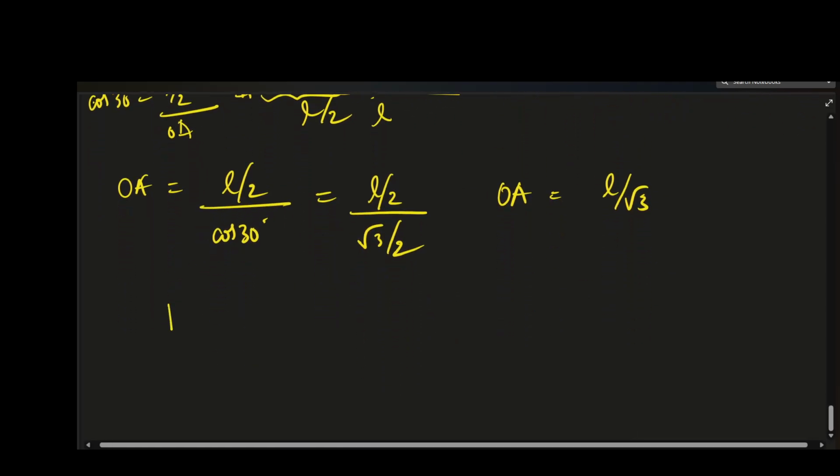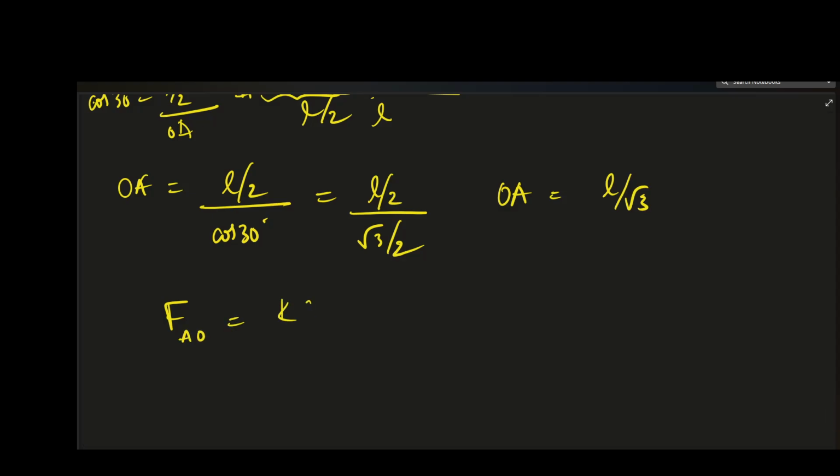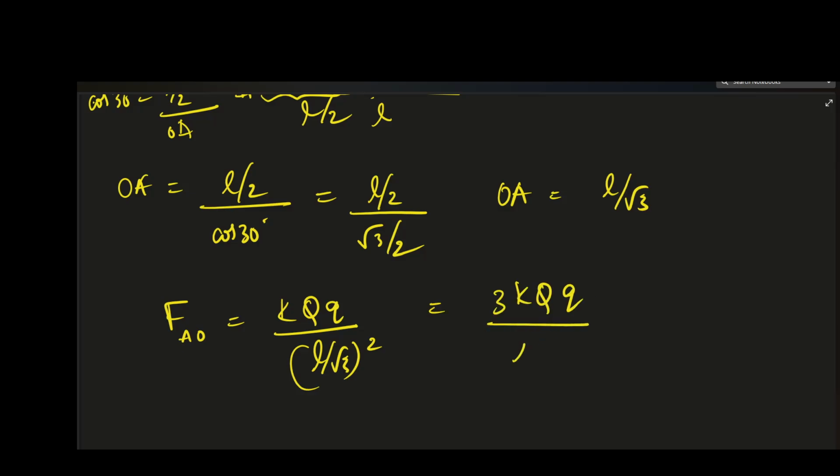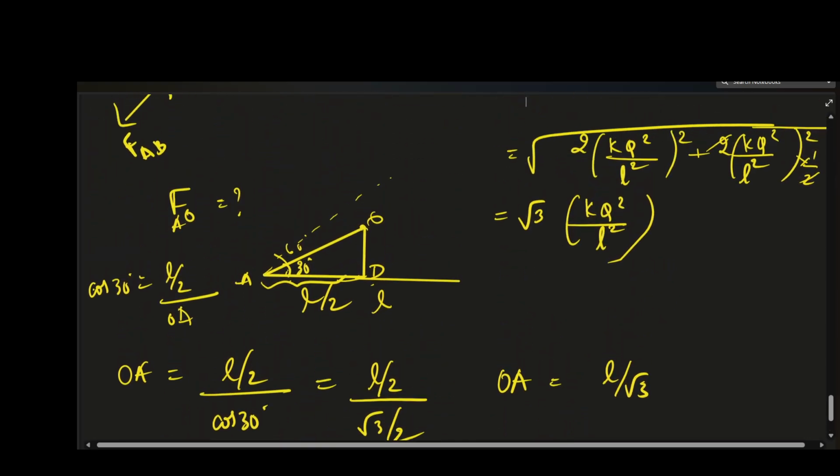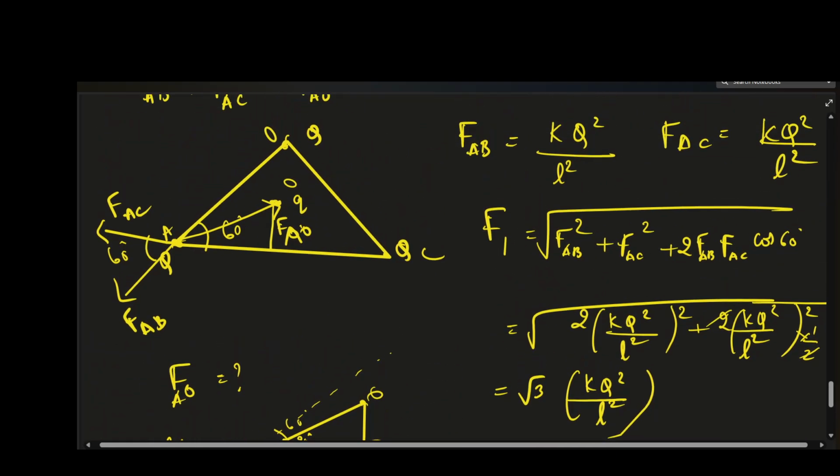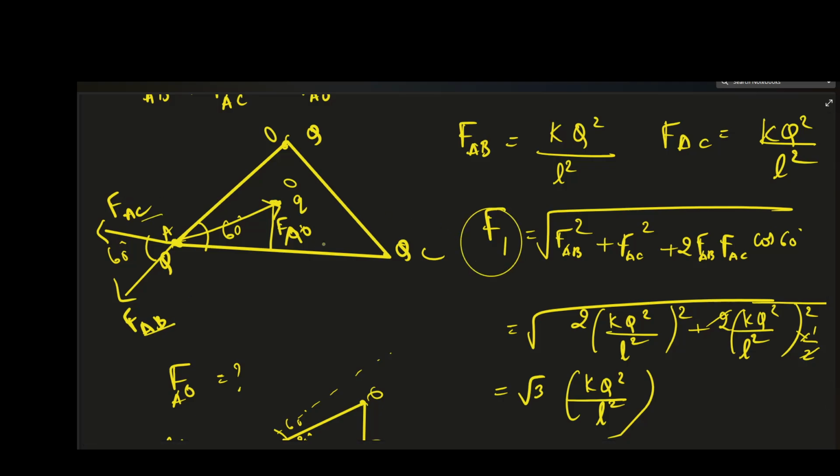Now the force FAO will be KQ into small q by (L by root 3) whole square, which will be 3KQq by L square. Now we have seen that the system is in equilibrium. This means this resultant force F1 due to FAC and FAB should be balanced by the force FAO, right?